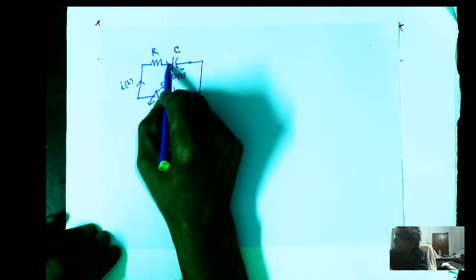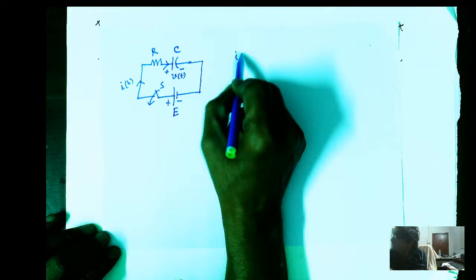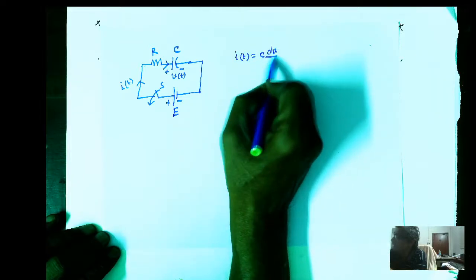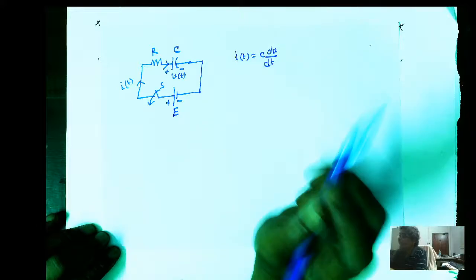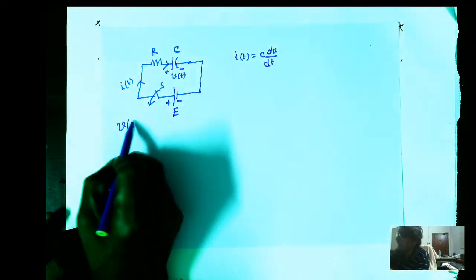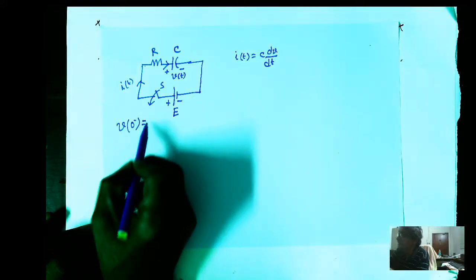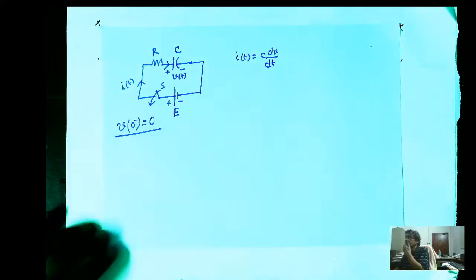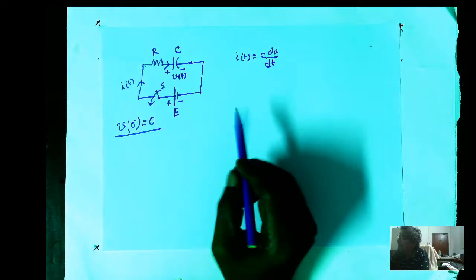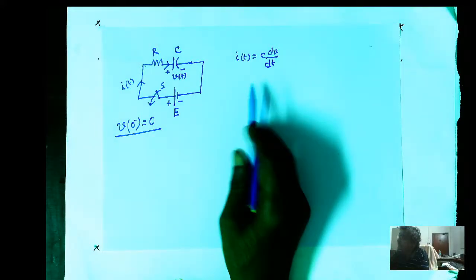So this is I(t), and we know I(t) is equal to C dV/dt. It is given that the voltage across the capacitor plate at t = 0 minus is 0. So I(t) and the voltage across the plate of the capacitor are like this.